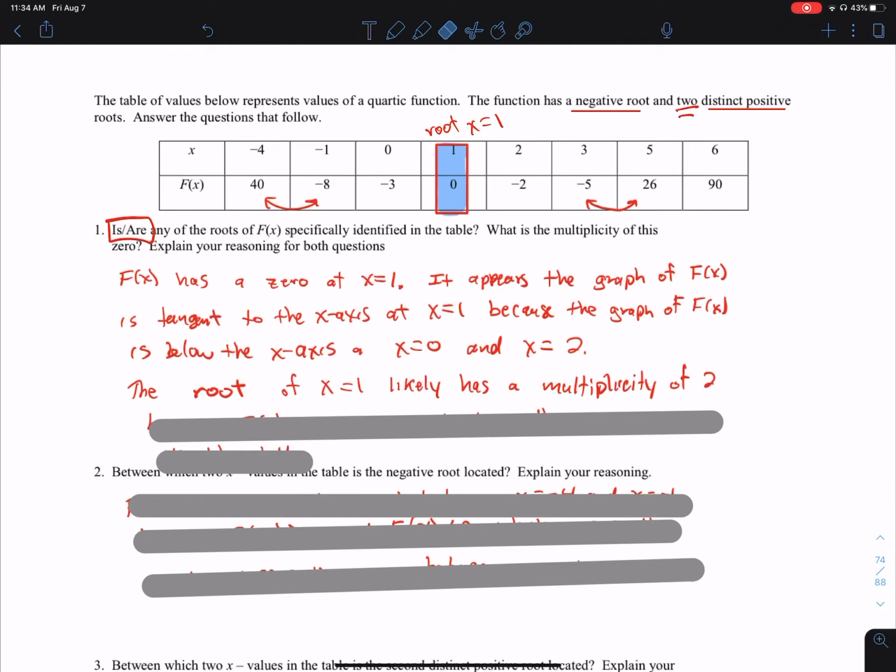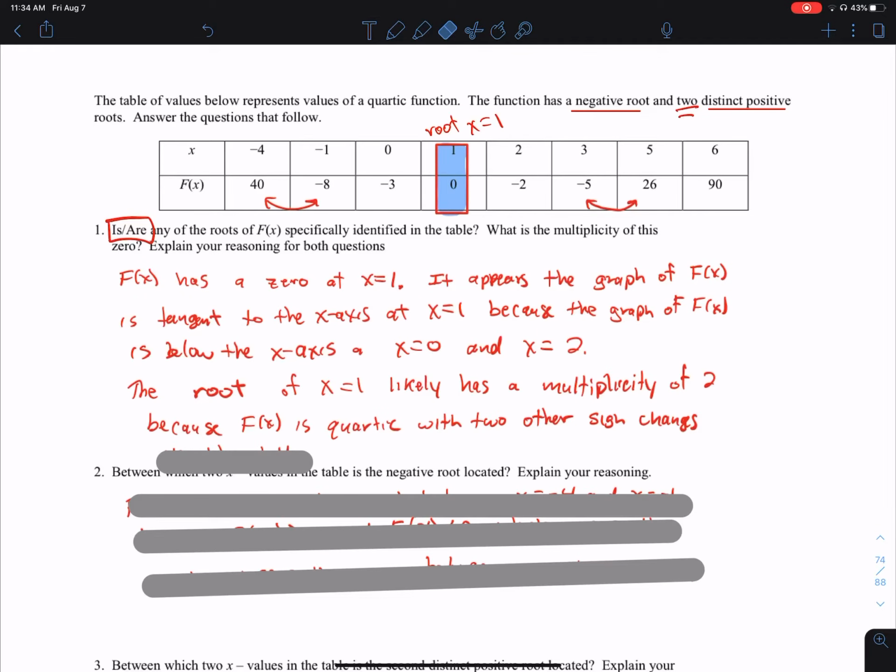The root of x equals 1 likely has a multiplicity of 2 because f of x is quartic and there are 2 other sign changes in the table. So we know that it's quartic, we're told that. So the degree of this is 4. So the multiplicities have to add up to 4, assuming there's no imaginary roots.